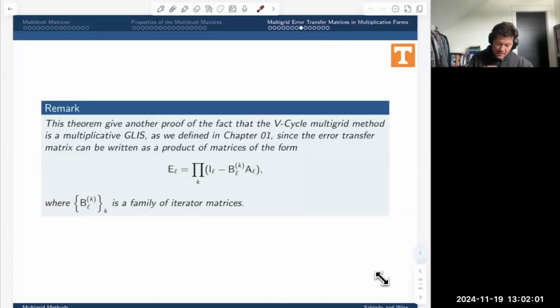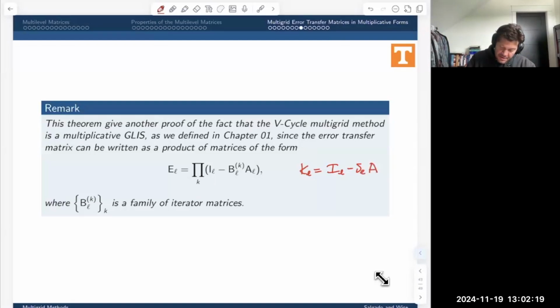If you look back at the structure that we just proved, we essentially did exactly that. Even the K_L matrices have that form, although we didn't write that explicitly. These are I_L minus S_L A_L.